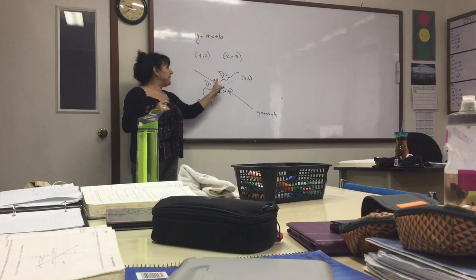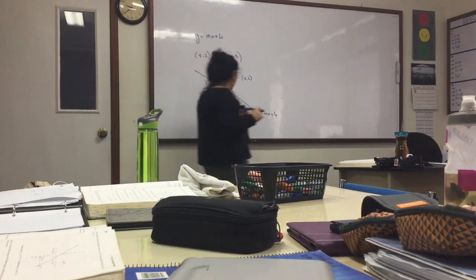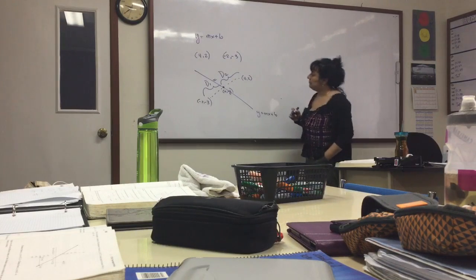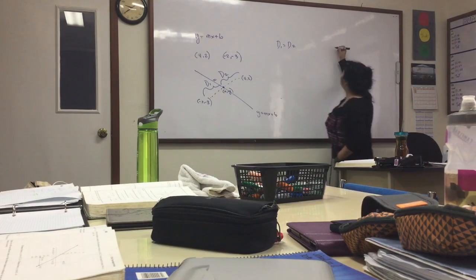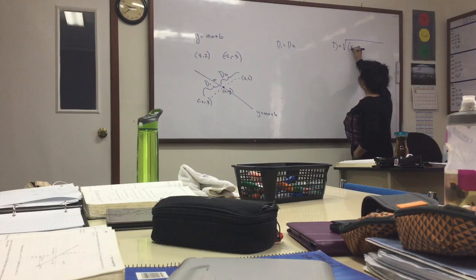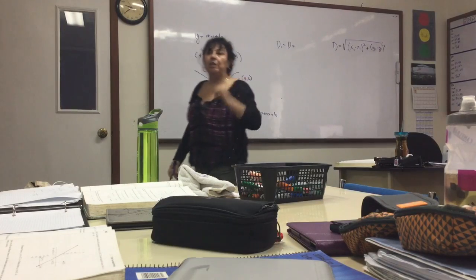You know they're both equidistant to (x, y), which you don't know. You know that distance 1 equals distance 2, and you know that the formula for distance in general is the square root of (x2 minus x1) squared plus (y2 minus y1) squared. With all this information, how do you think you would go about it?